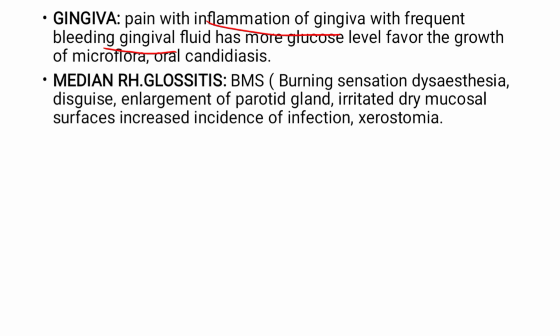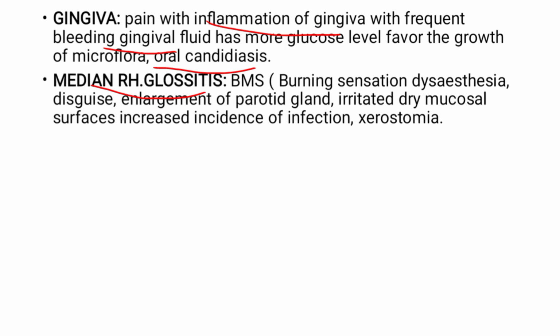Bleeding gingival fluid has a higher glucose level, which favors the growth of microflora and oral candidiasis. That's why there is median rhomboid glossitis or burning mouth sensation, dysesthesia. The patient will have dysgeusia, enlargement of the parotid gland, irritated dry mucosal surfaces, increased incidence of infection, and xerostomia.